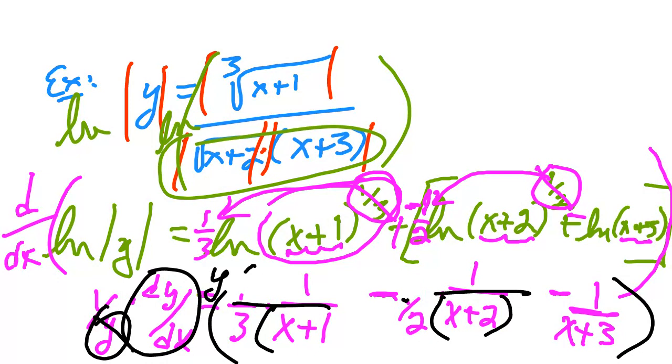Okay, so kind of making it look a little better over here is what I'm trying to do. So basically, I've got 1 over 3 times the quantity x minus 1, 1 over 2 times the quantity x plus 2, and then minus 1 over x plus 3. And I'm going to take y times all that, and that's going to end up equaling dy dx.